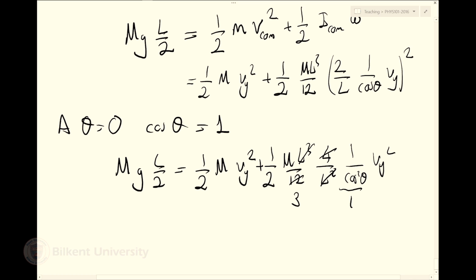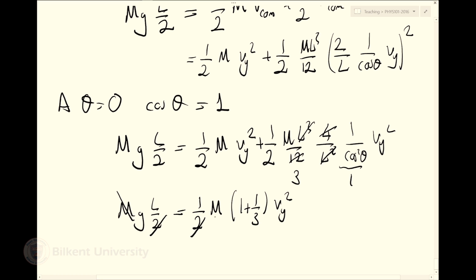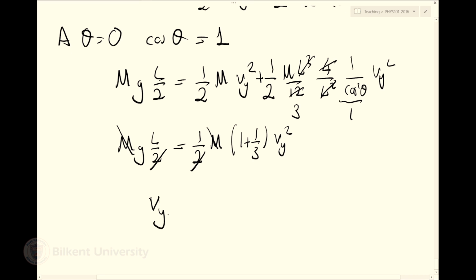That gives me a 3. So it gives me 1/2 m times 1 plus 1/3, times Vy squared, is mg L over 2. The 2's cancel, the m's cancel. Apparently, Vy is the square root of 3/4 gL.